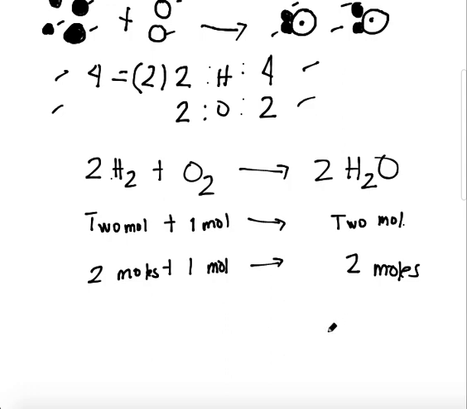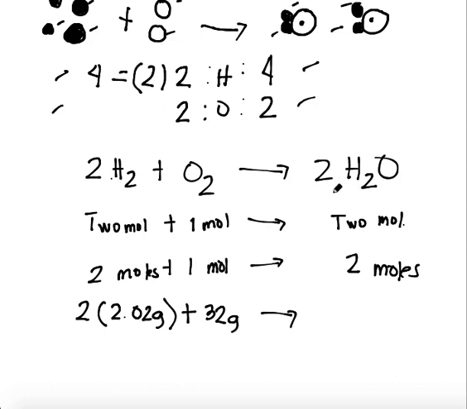And if we try to find out their molecular masses, we can say that 2 multiplied by H, their atomic mass being 1.01, so dahil dalawa 'to, it should be 2.02 grams, right? 2.02 grams plus oxygen, which is 16, multiplied by 2, that is 32 grams.